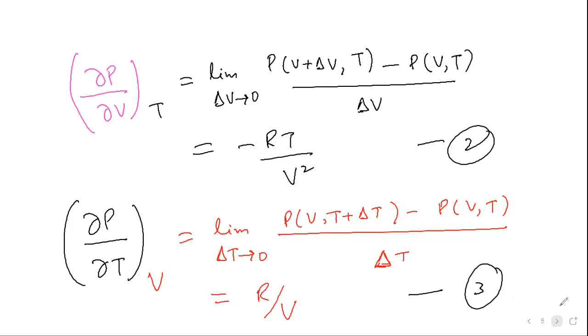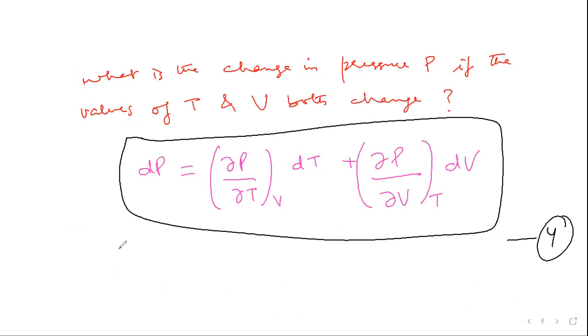Then we said if the temperature and volume both change, how can we write the change in pressure? So we wrote this expression and we said this is valid only for small changes. Otherwise, these first order derivatives will change as temperature and volume change, and we need to take their change into consideration also.